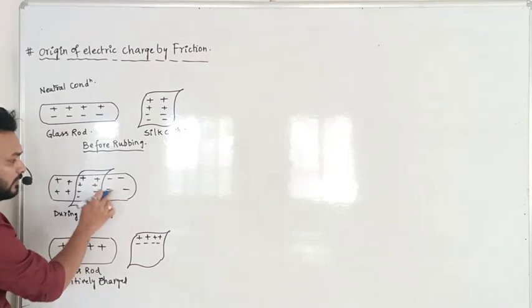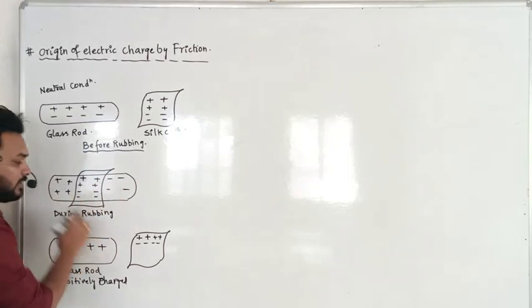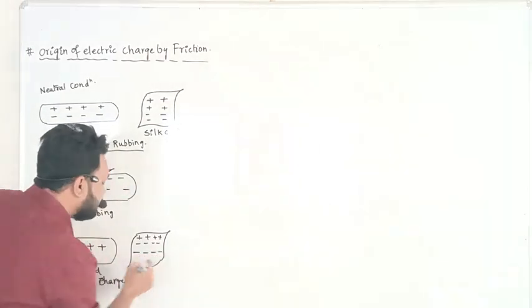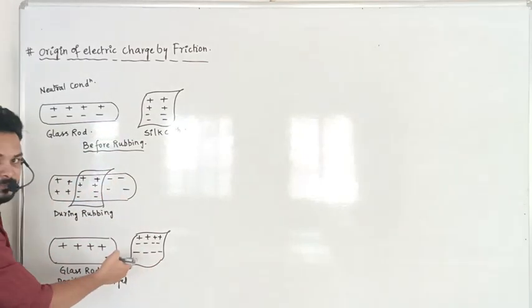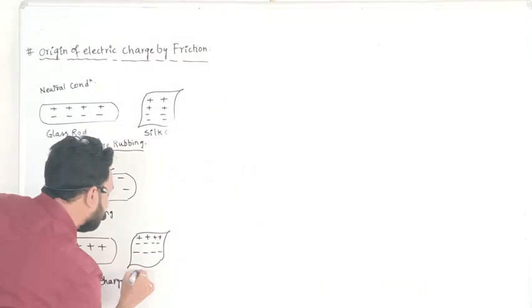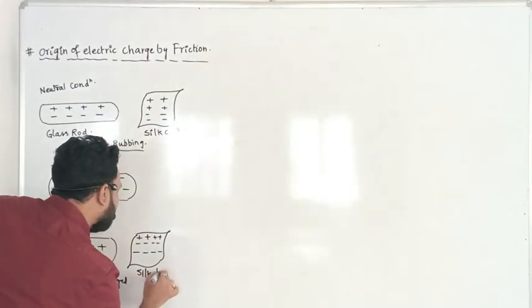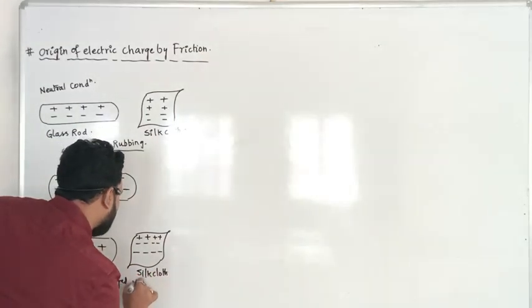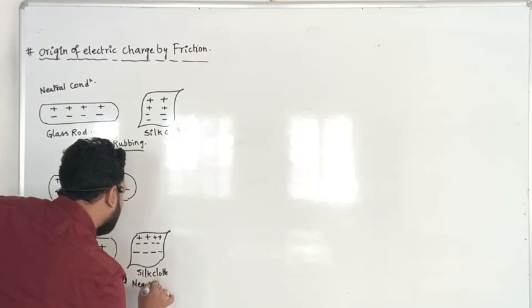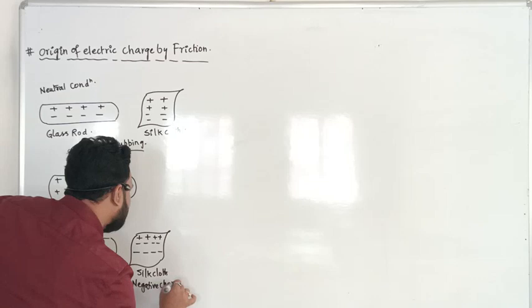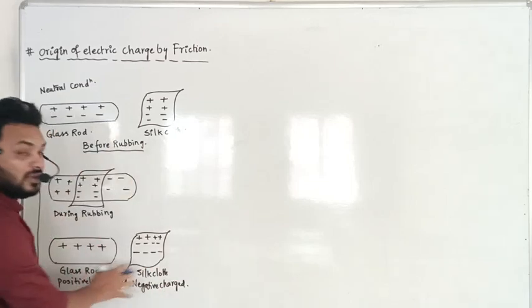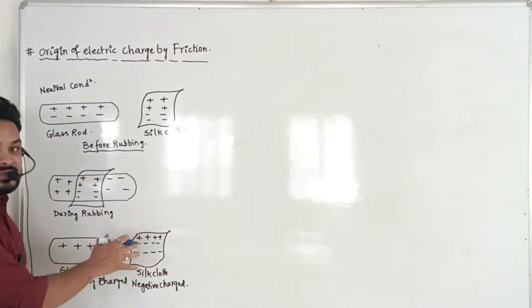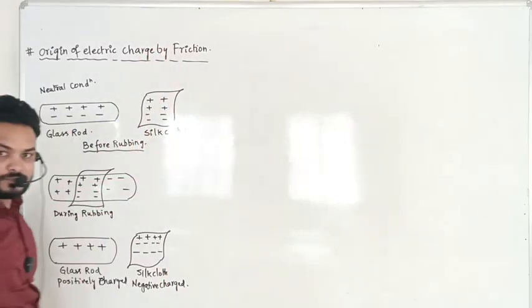These electrons from the glass rod transfer to the silk cloth. Hence there is a gain of electrons on the silk cloth, so it becomes negatively charged. This is exactly how the origin of charge exists through friction.